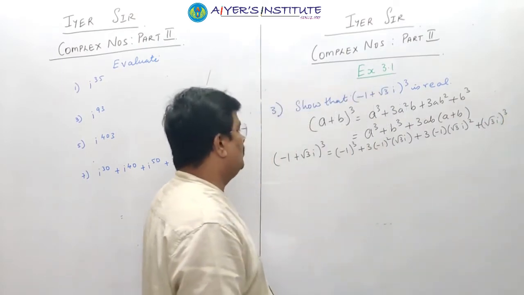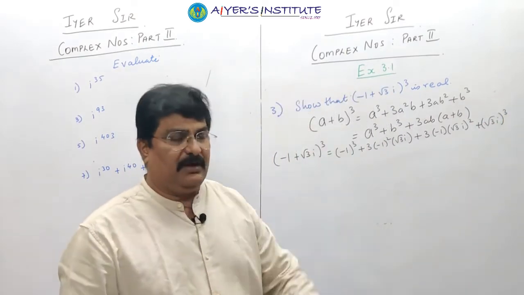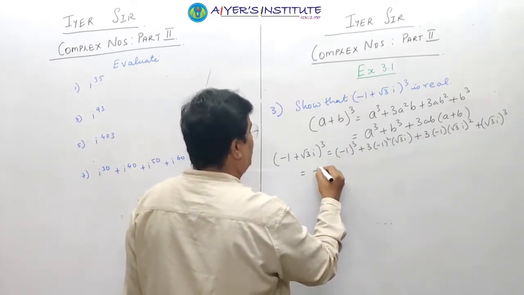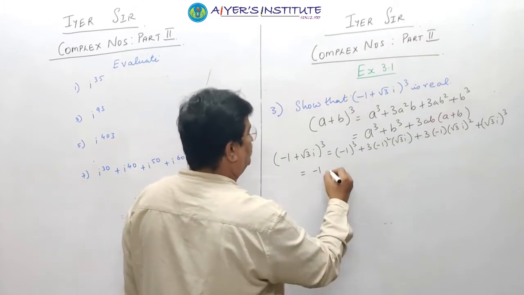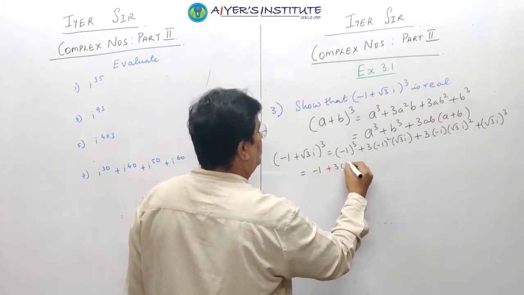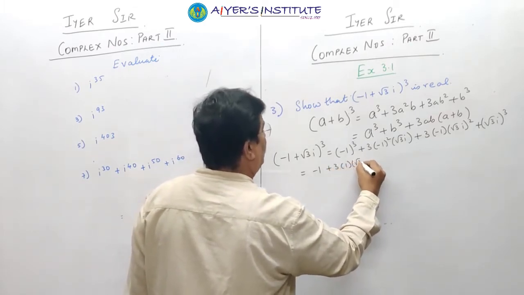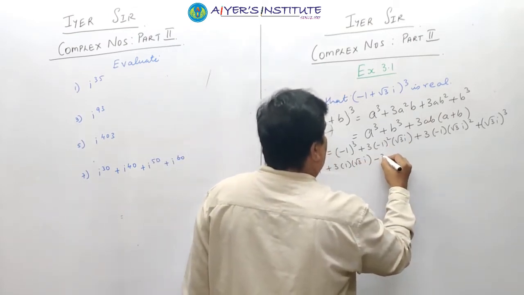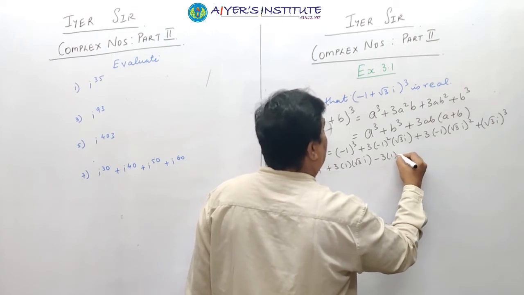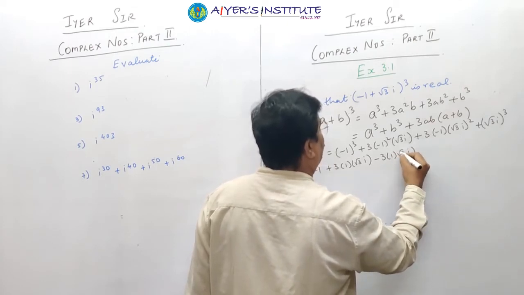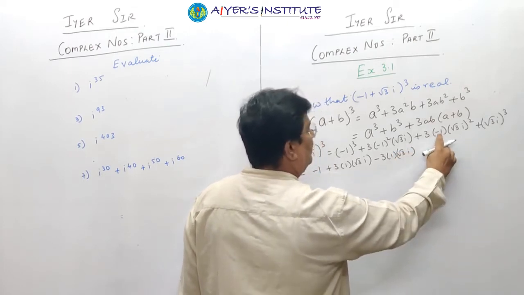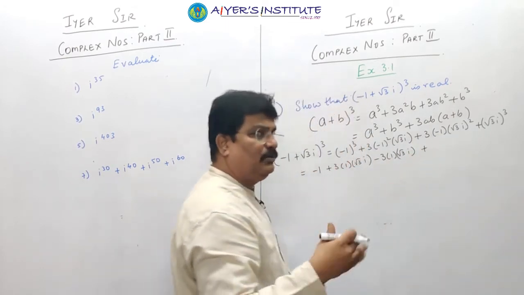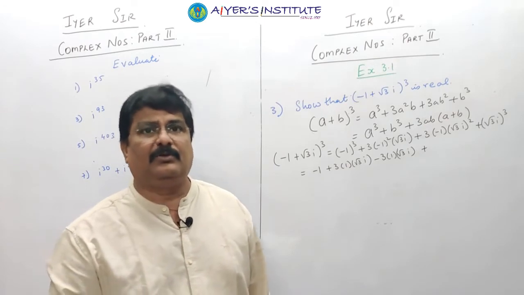Now one thing you should know, this i is outside the root, so don't misunderstand that. Minus 1 multiplied 3 times, minus 1 plus 3 into 1 into root 3i. Here you get minus 3 into 1 into root 3i. Now only one thing I've done here, minus into plus, minus; plus root 3 multiplied 3 times, root 3 into root 3 into root 3.